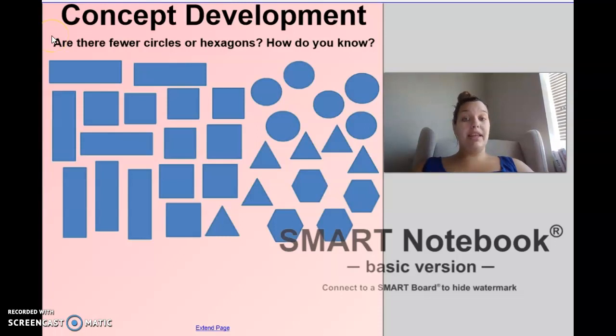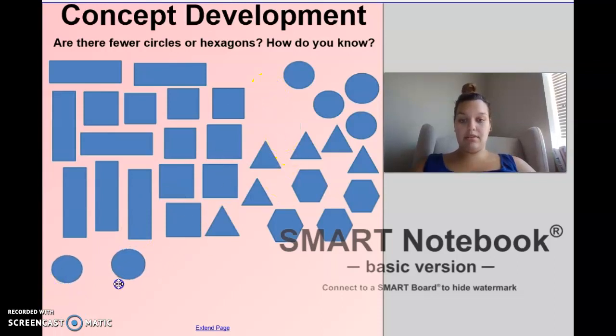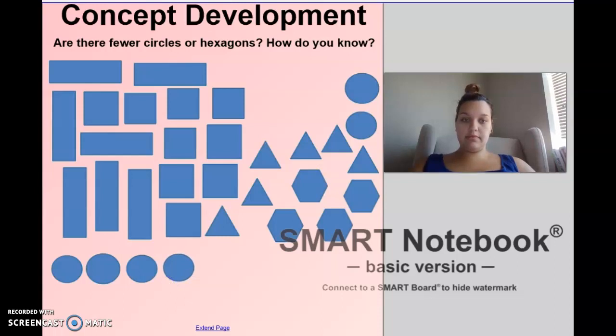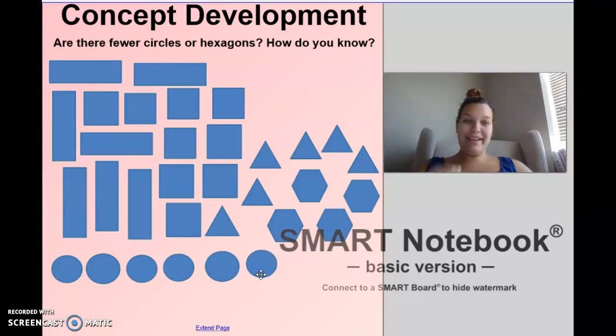We're going to do the same thing with circles and hexagons now. I'm going to pull all the circles down. Did I get all the circles? Yeah.